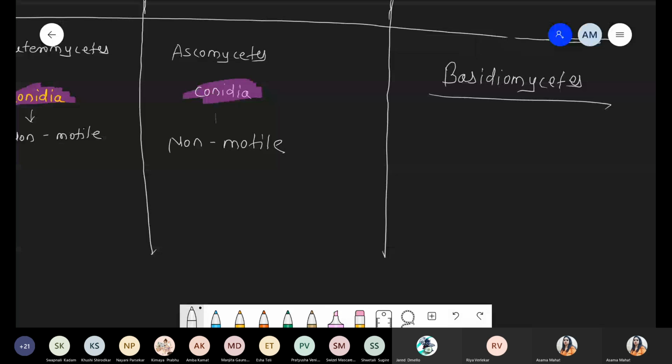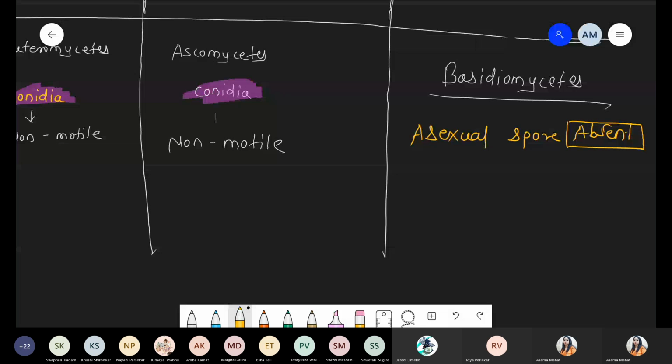But under the basidiomycetes, spore formation, I'm talking about asexual spores, okay? So asexual spore formation is totally absent. Please remember this point, totally absent.